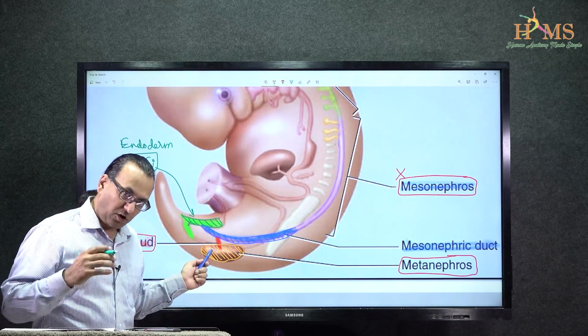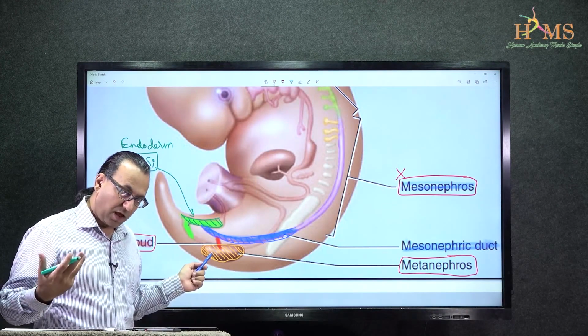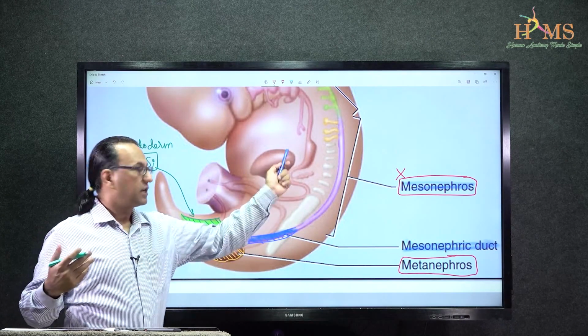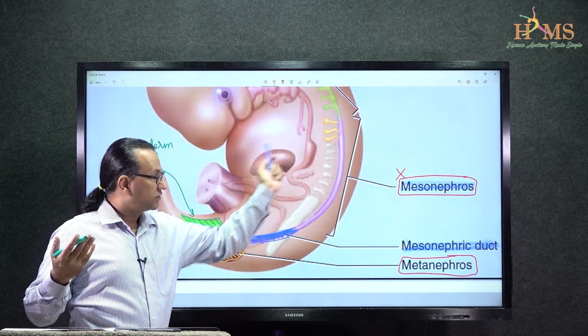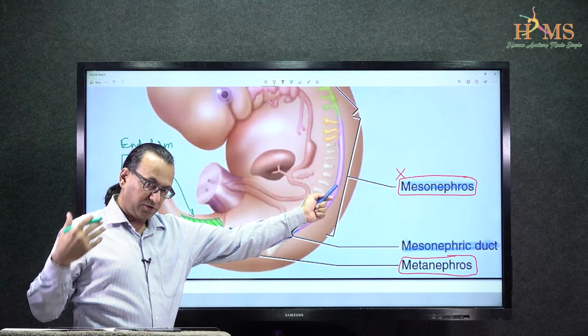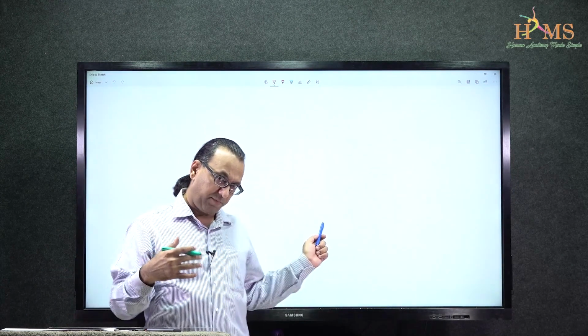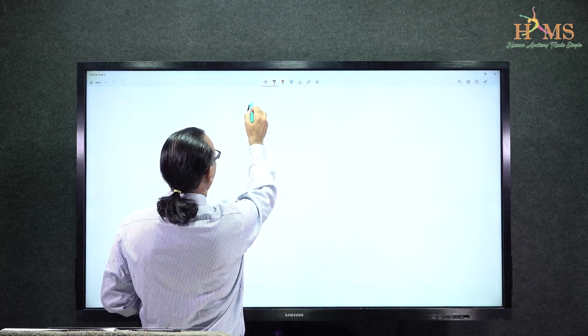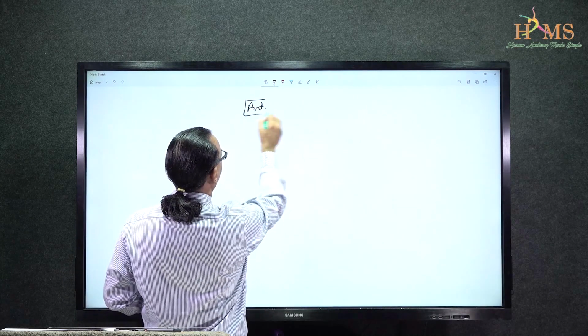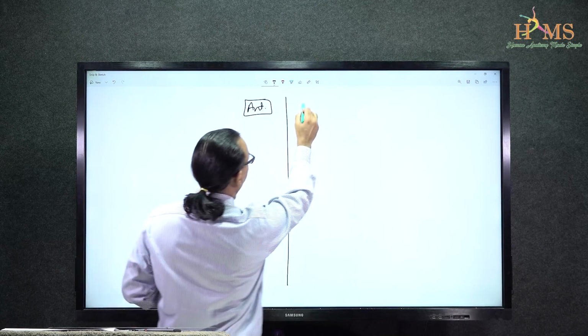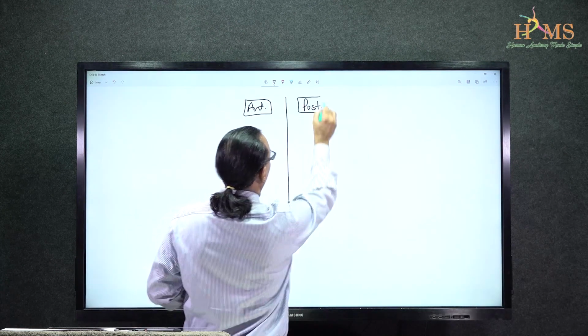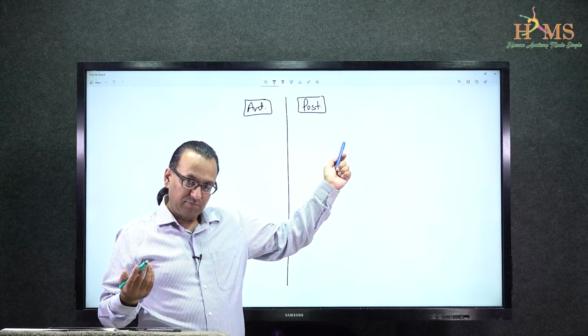So let us draw this diagram ourselves now. Anteriorly is the gut tube, endodermal gut tube. Posteriorly is the intermediate mesoderm. So this is again the side view, lateral view of the developing baby, and we are telling that anteriorly there will be the endodermal gut tube, and posteriorly there will be the mesoderm, intermediate mesoderm.